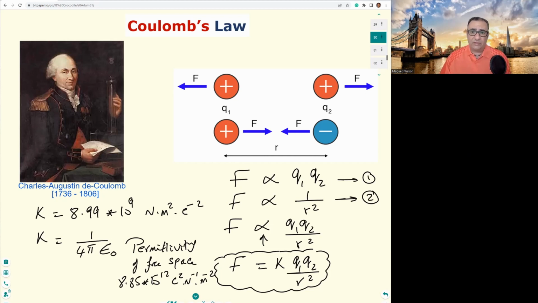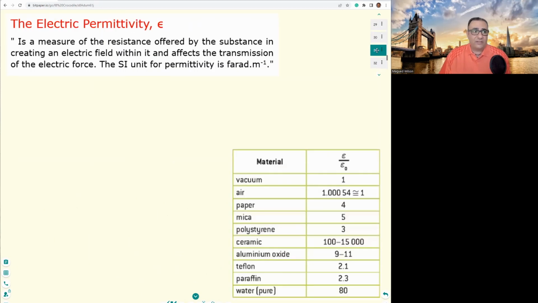But now let's really define, let's really know, okay, what is this? So the electric permittivity, epsilon, is a measure of the resistance offered by the substance in creating an electric field within it and affects the transmission of the electric force. The SI unit of permittivity is farad per meter, or farad meter minus 1.